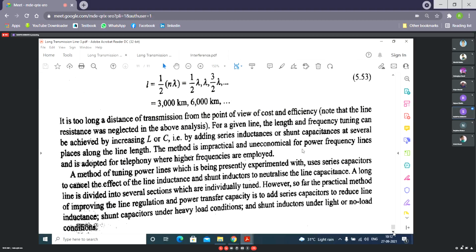So for practical method of improving line regulation and power transfer capacity is to add series capacitors to reduce line inductance, shunt capacitors under heavy load conditions, and shunt inductors under light load condition. You know, light load means capacitive reactive power is becoming high, so you have to consume some reactive power with the help of inductors. Okay, and a long line is divided into several sections which are individually tuned.